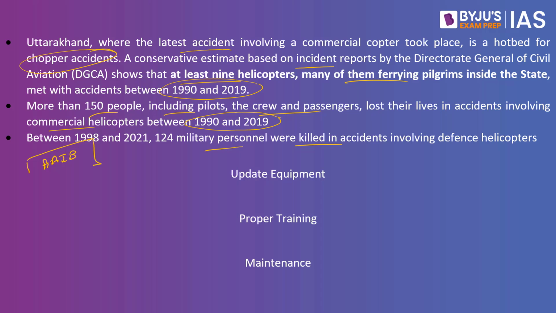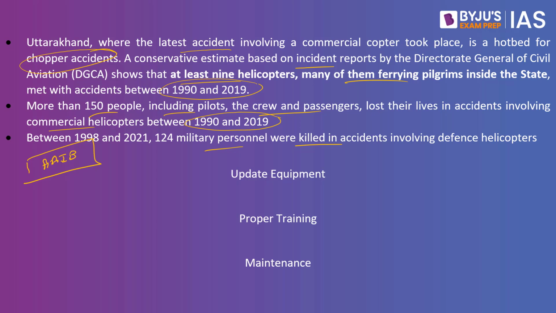It is this body which will investigate what went wrong with the incident and ultimately report it to the government of India. This can also be important from the preliminary examination point of view. So remember, we have the Aircraft Accident Investigation Board. It is this board which will investigate what was the cause of the accident.